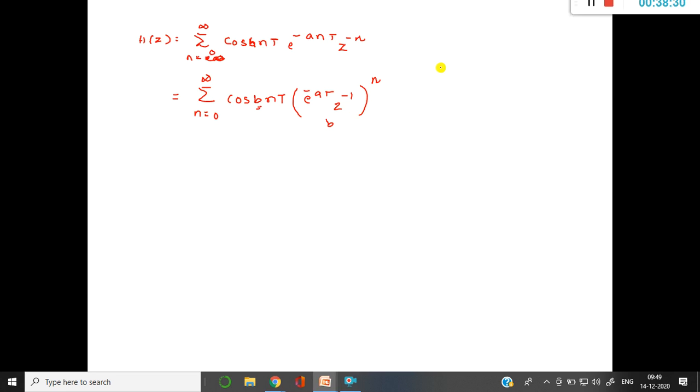Okay. Now look at this. I can write this as b power n cos of an. So this is equal to, what is the standard z transform that we have? 1 minus b cos a z inverse divided by 1 minus 2 b cos a z inverse plus b square z to the power of minus 2.